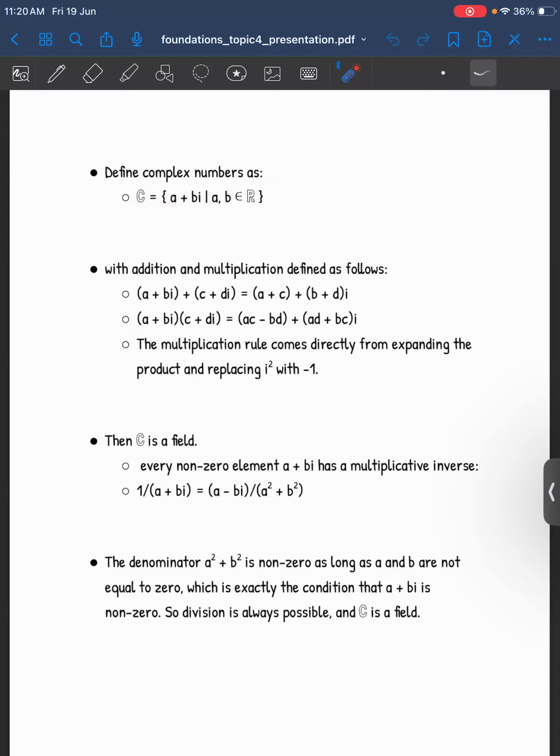Then it turns out that this set that we identified, whose elements are of the form a + bi, where both a and b are real numbers, and which we are calling the complex numbers, is a field under the two operations that we just looked at, addition and multiplication.